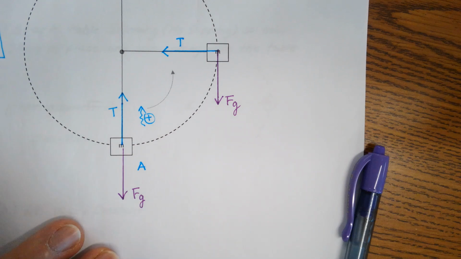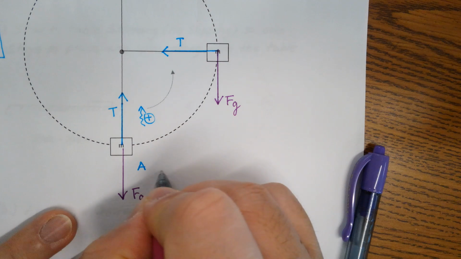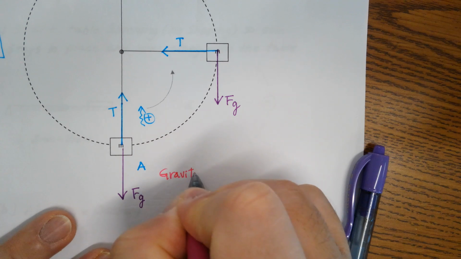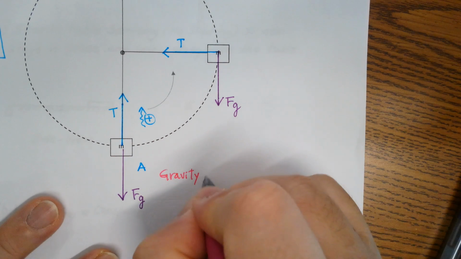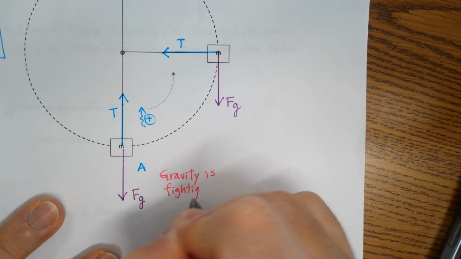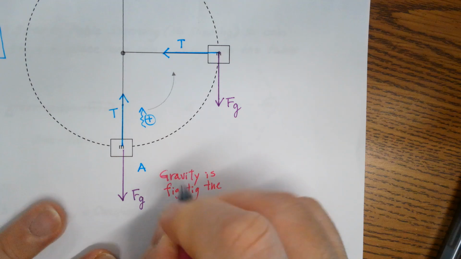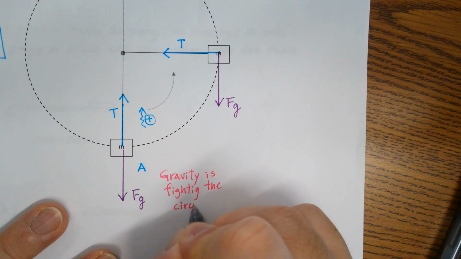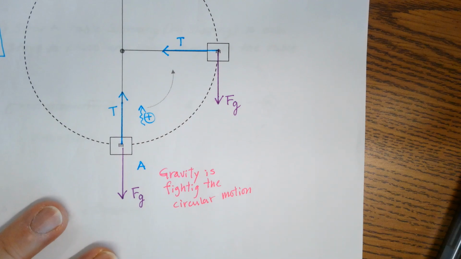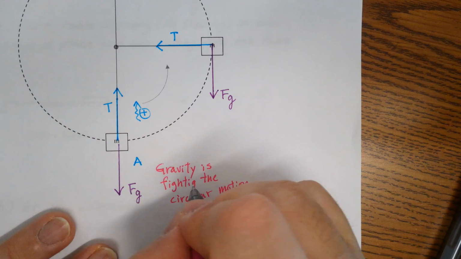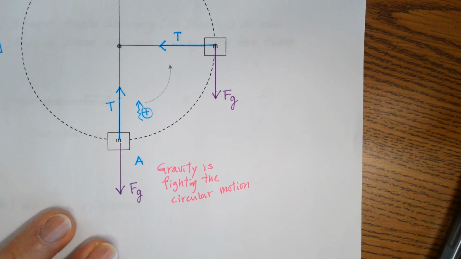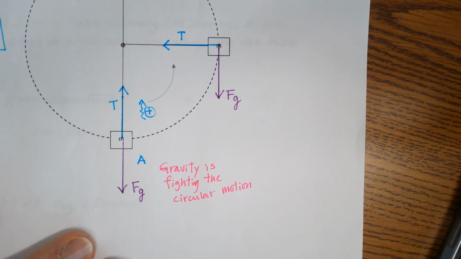So maybe you could write that down: gravity is fighting circular motion, so this is bad for circular motion.